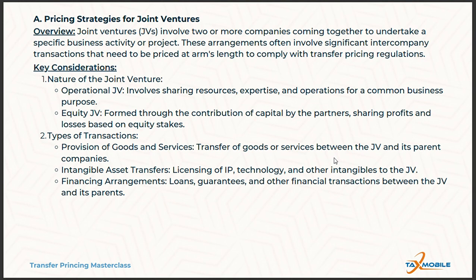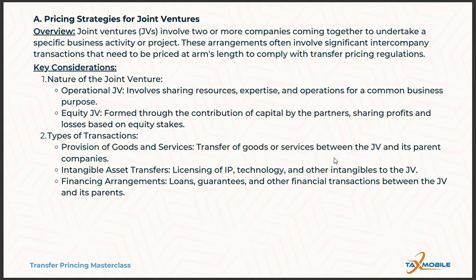Now let's look at type of transactions under JV. The following are common intercompany transactions within a JV. Provision of goods and services. These include the transfer of products, materials, or services. Transfer pricing needs to account for production, logistics, and distribution costs, reflecting market condition. Intangible asset transfers also, licensing intellectual property, technology, or trademarks to the JV.